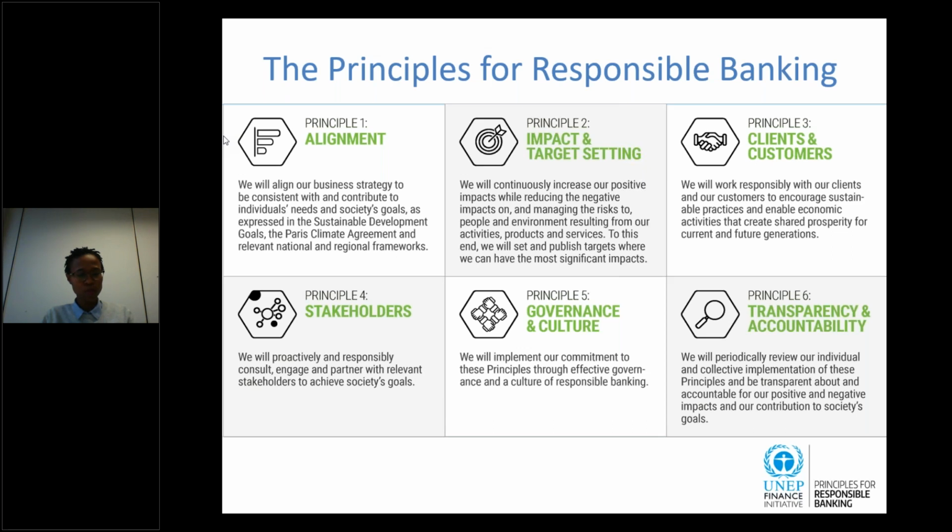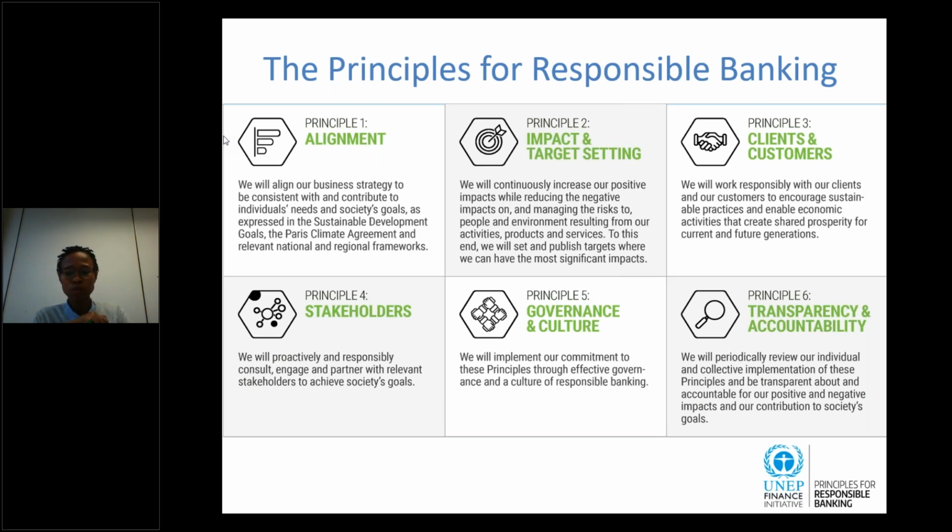So these principles imply an internal work of every signatory bank to develop the leadership and to strengthen the daily business culture of the whole bank to be able to implement these principles. So we need to set up a governance structure where the roles towards the implementation of the principles are defined, the responsibilities, where we have the possibility to have the resources for this to happen.